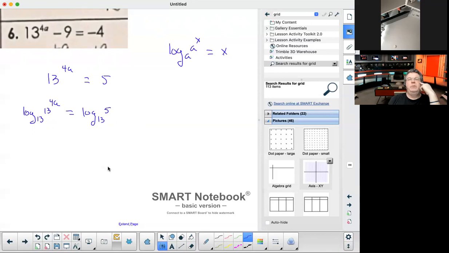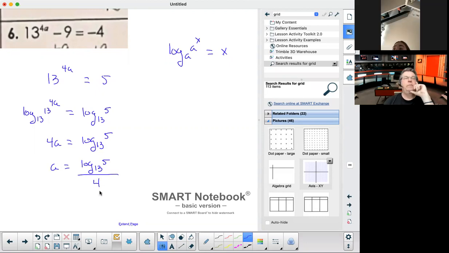The reason is that log base 13 of 13 to the 4a immediately equals 4a. And then all you have to do is divide by 4. We learned how to put a different base in your calculator. And you're done.